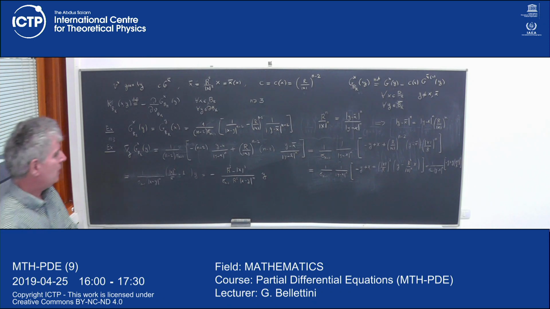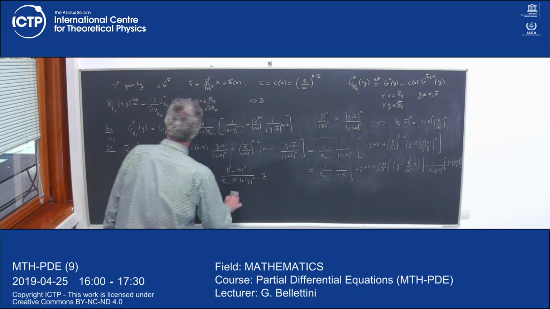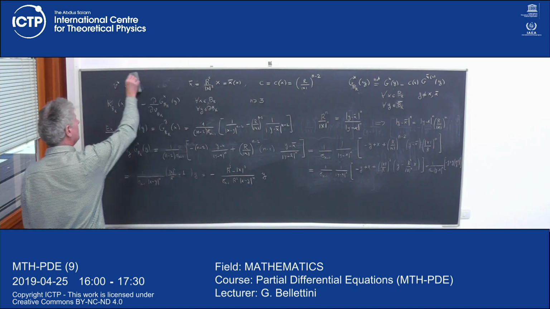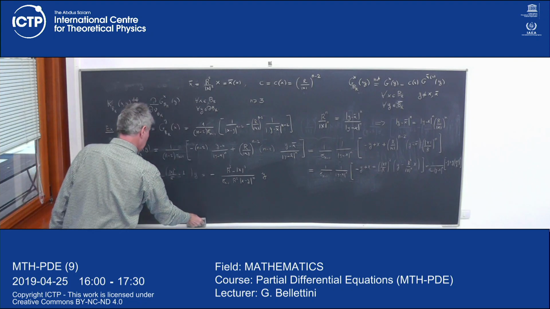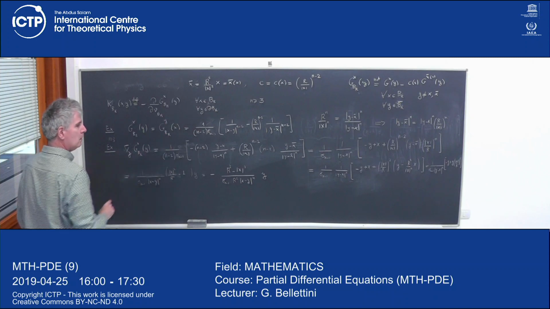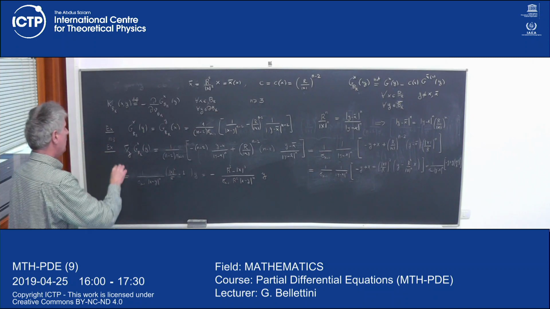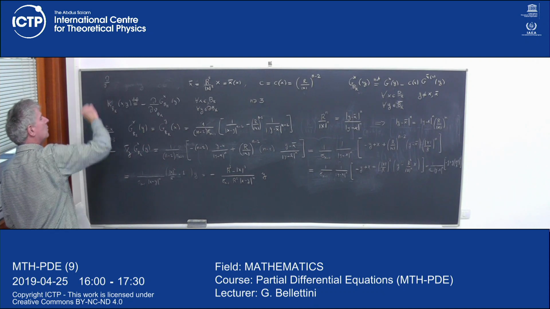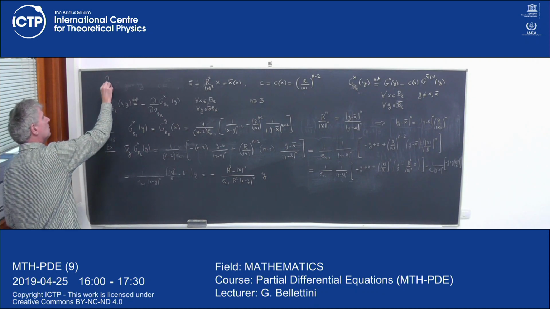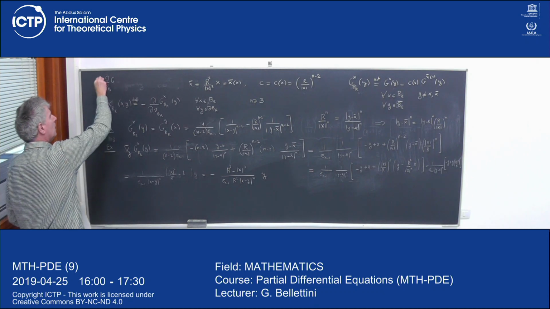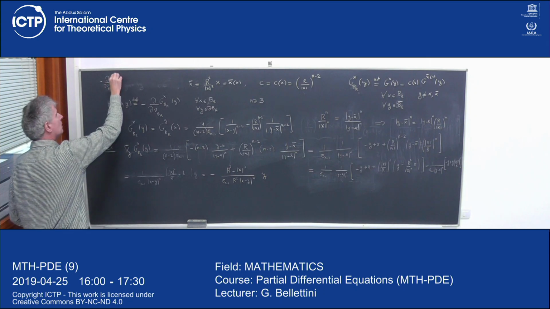Now our integral representation formula was... so we have to compute this for y on the boundary. So we have to take the scalar product. So this computation here, minus g x.